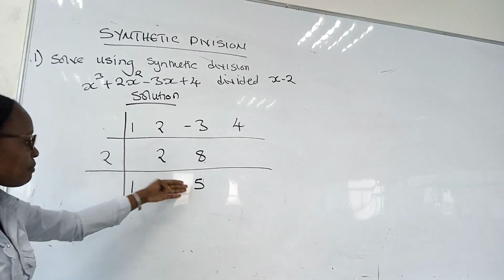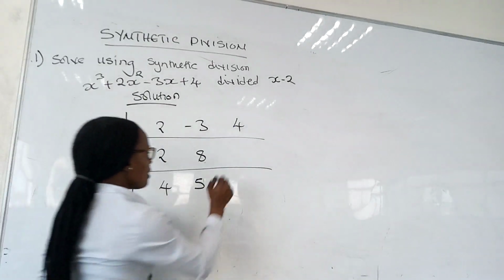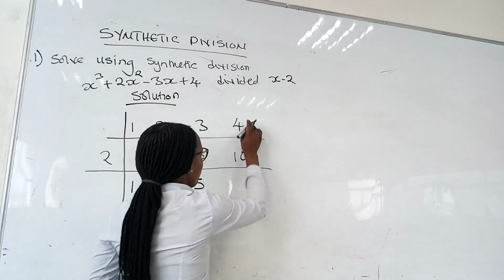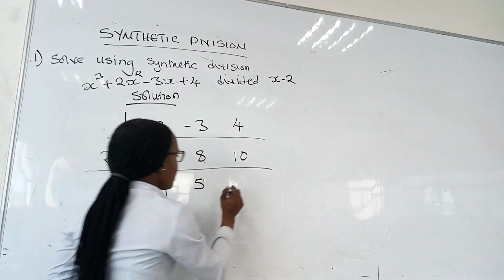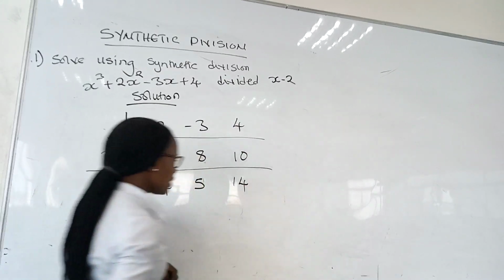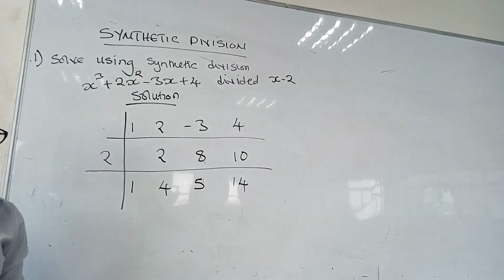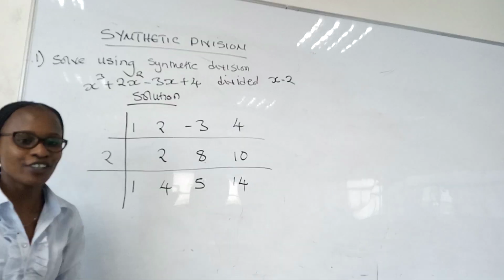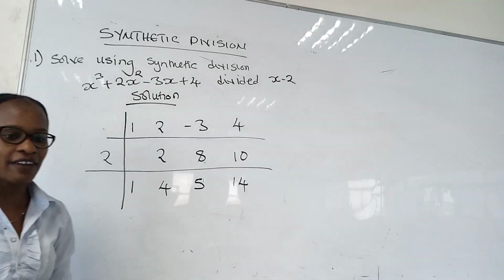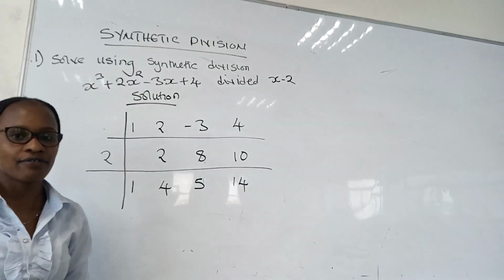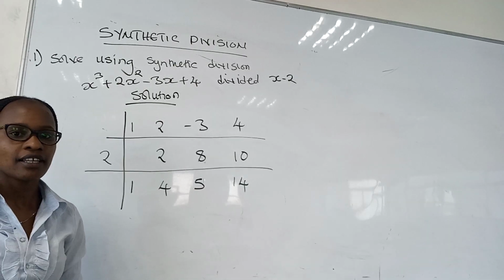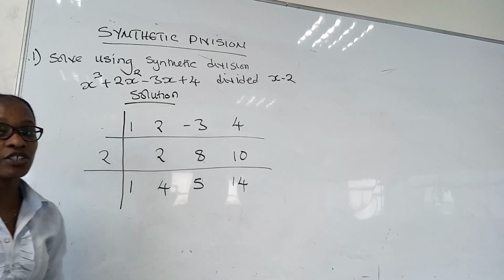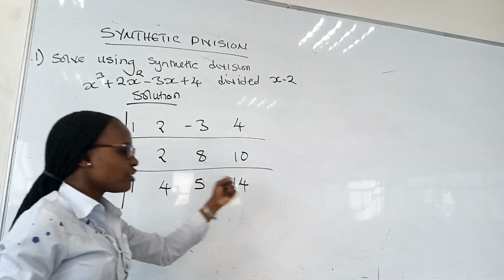Then 2 multiplied by 5 gives us 10. 4 plus 10 gives us 14. So here we've gotten the 14.